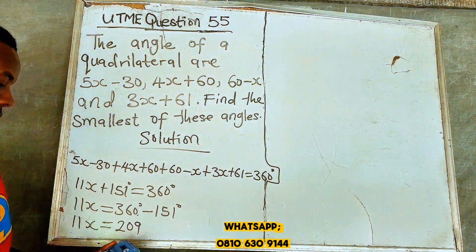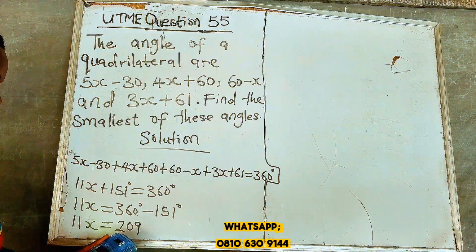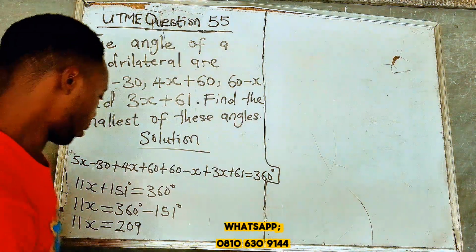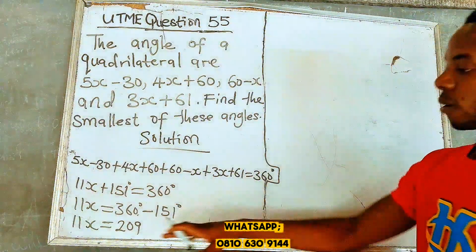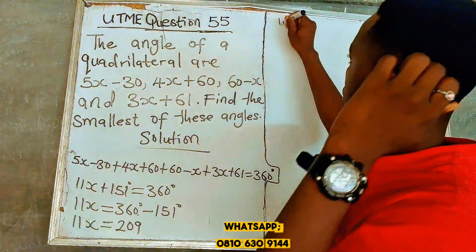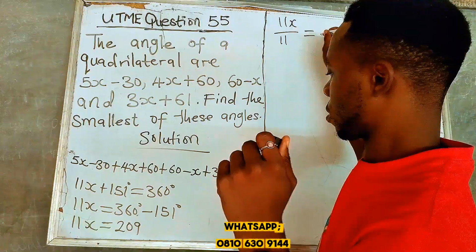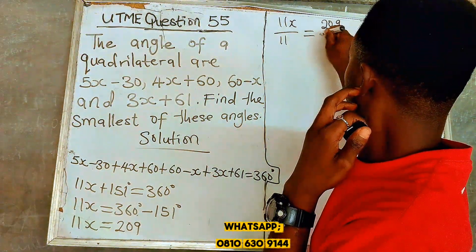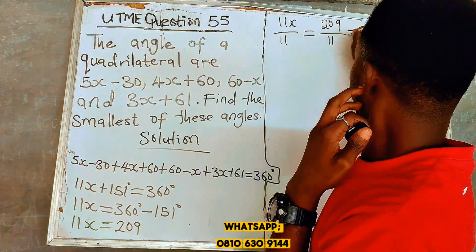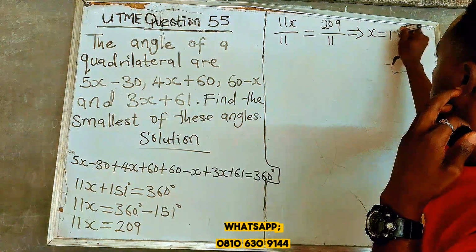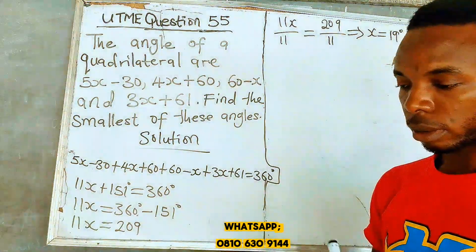And 209 divided by 11 is 19. So 11x divided by 11 equals 209 divided by 11. This implies that x is equal to 19 degrees.